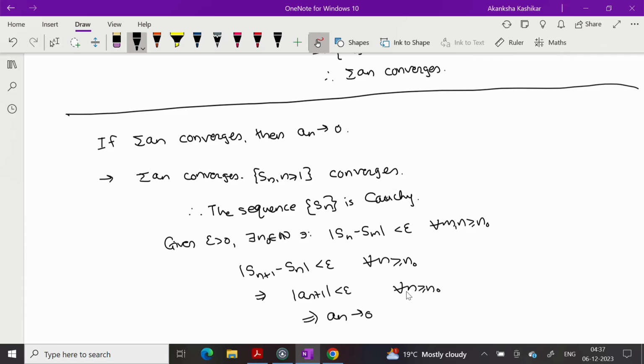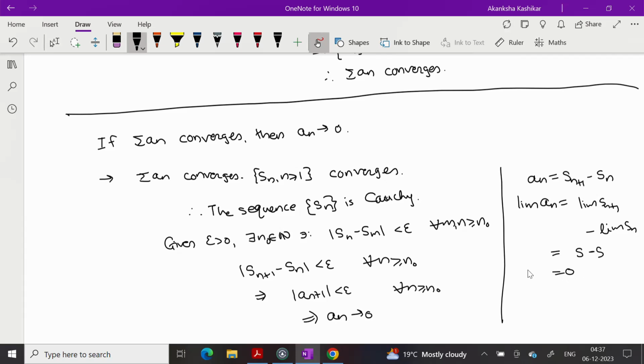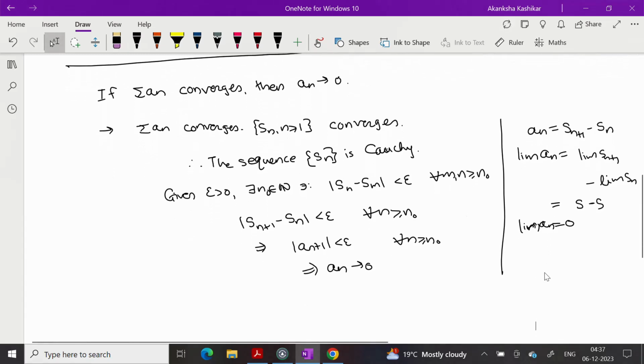Okay, another way of approaching this proof is I could write an as Sn plus 1 minus Sn. Because summation an converges, I know Sn converges, so if I apply the limit throughout, I get limit an equal to limit Sn plus 1 minus limit Sn. Both these converge to the same point, so this is 0, and hence limit an is 0. Okay, this is another way of approaching the same result.